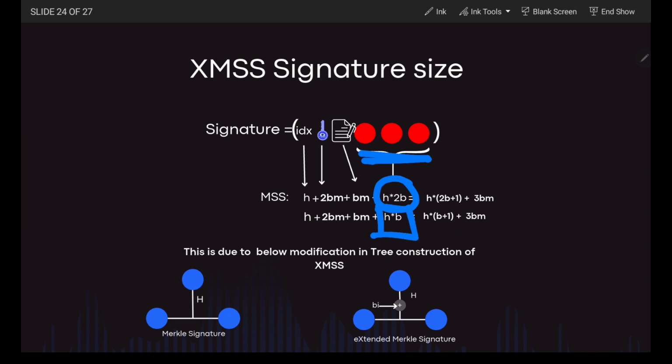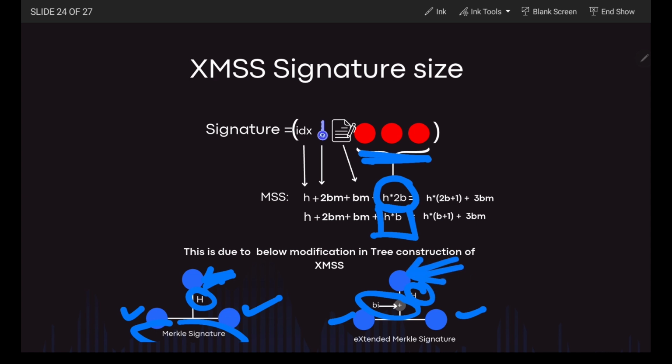The construction of the node is such that in the Merkle signature scheme, the left and the right child combine with the hash function to give the parent root node. But here, the left and the right child are combined with a bit mask XORed with them, and the hash function is applied, and so the root is obtained.